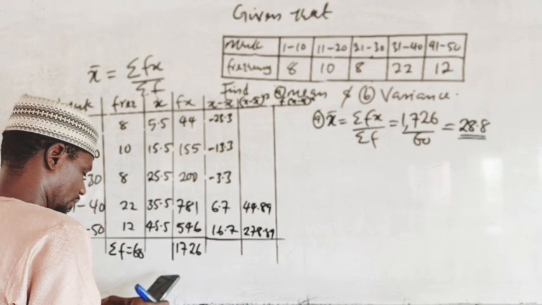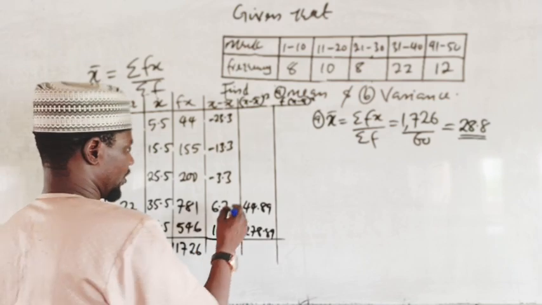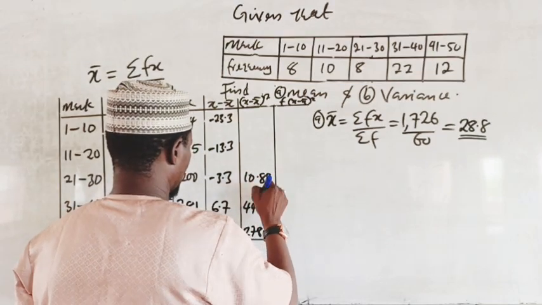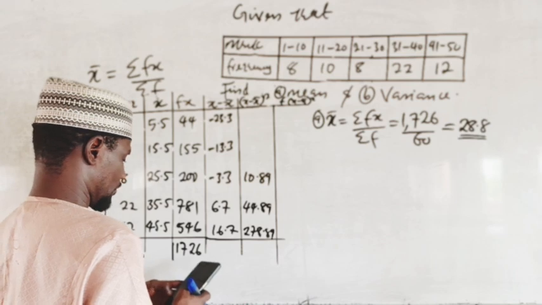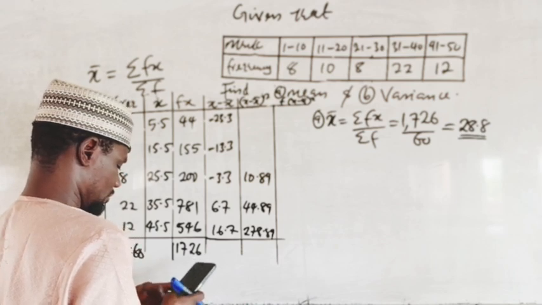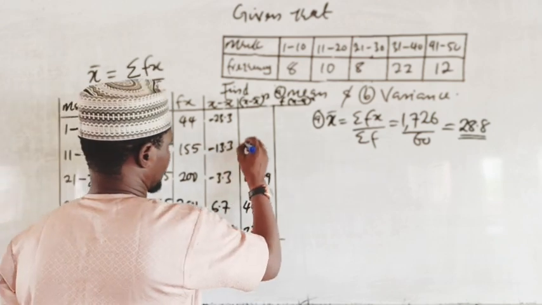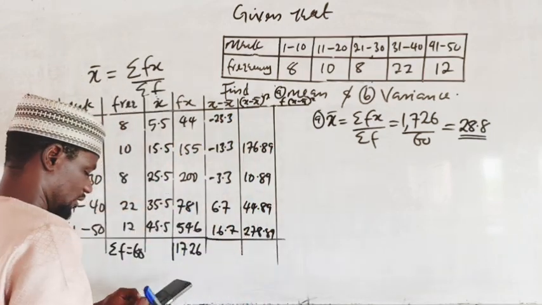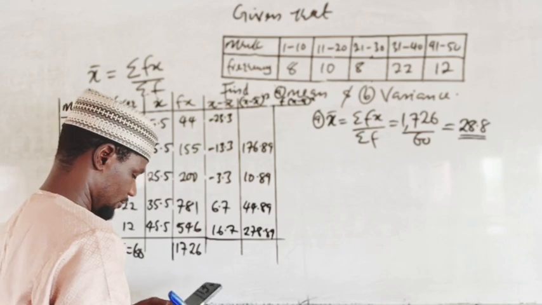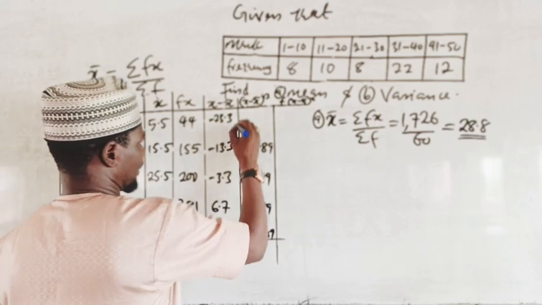Minus 3.3 squared is 10.89. Minus 13.3 squared is 176.89. Next, 23.3 squared is 542.89.